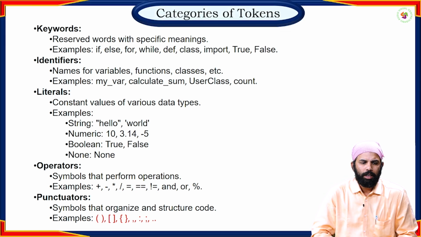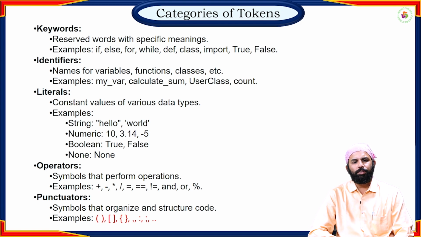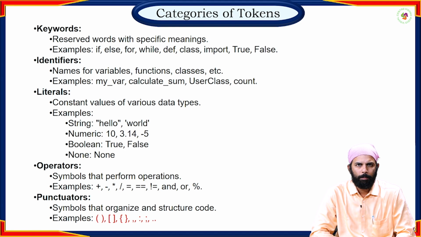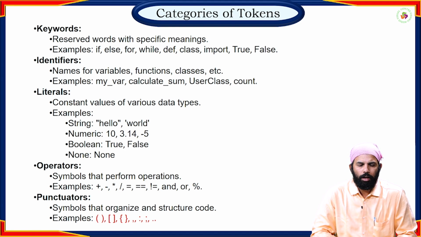Keywords are the reserved words with a specific meaning. Their usage represents specific work and a specific representation in the code. As examples, we have decision-making constructs like if, then, else, while, def, class, import, and True or False.